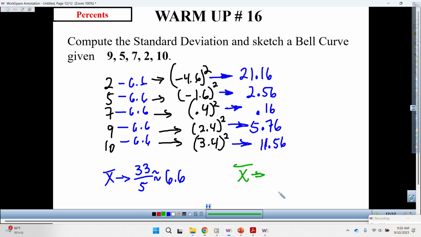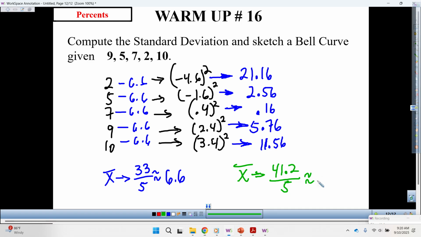The sum. Let's go with Fernanda. What'd you get for the sum? 41.2 divided by 5. Approximately, what is our mean? Let's go with, who haven't we called on in a while? How about Val?